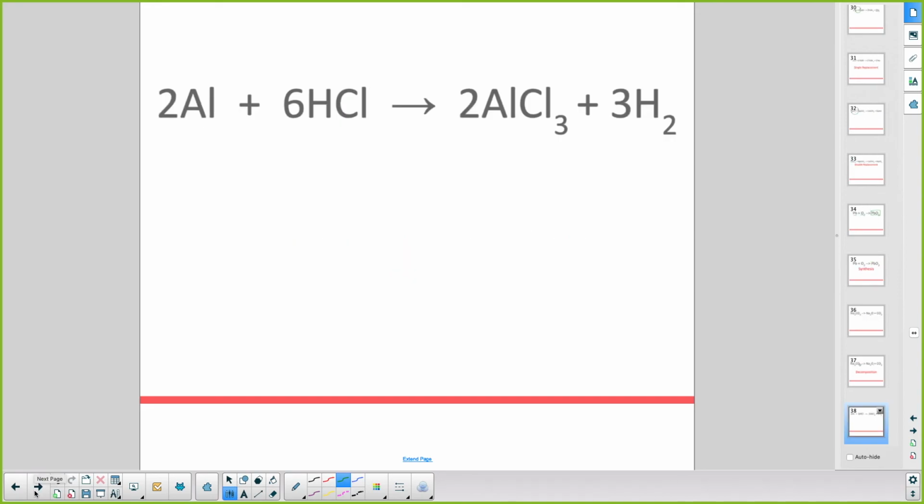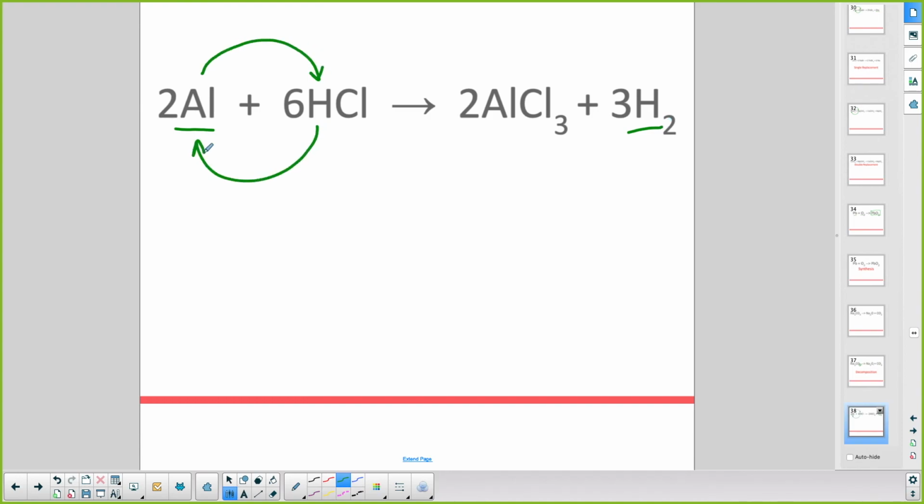All right, Brecken. You're starting with the right letter. Single replacement. Why? Because, look at it, something started single and something else ended single. So aluminum came in, kicked H out of the way.